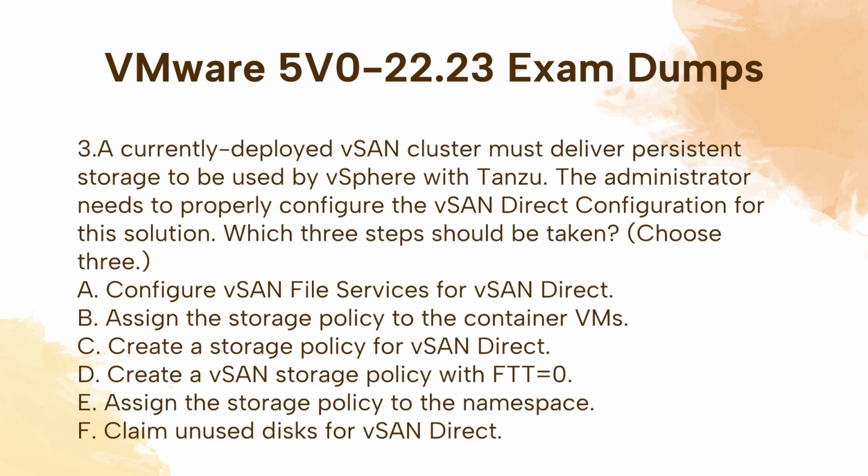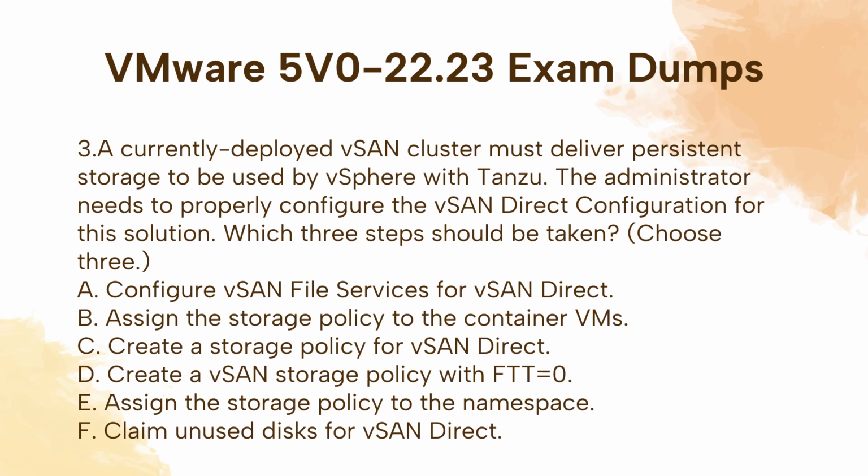3. A currently deployed vSAN cluster must deliver persistent storage to be used by vSphere with Tanzu. The administrator needs to properly configure the vSAN Direct configuration for this solution. Which 3 steps should be taken? Choose 3. A. Configure vSAN file services for vSAN Direct.